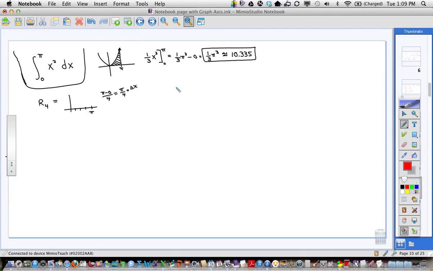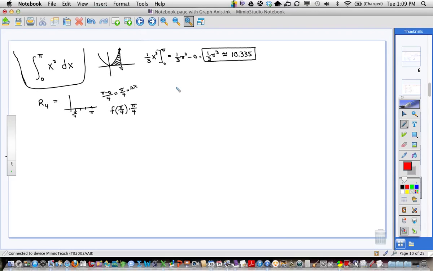All right. So what is my first rectangle height? And these are right ones we're doing now. F of pi fourths, because this first one here is going to be pi fourths, times pi fourths.